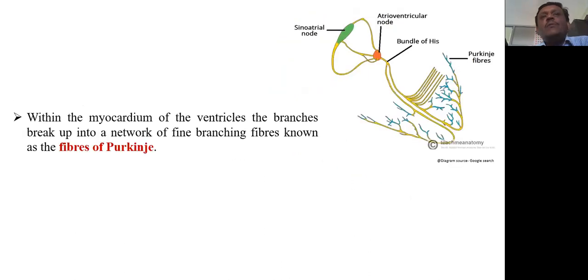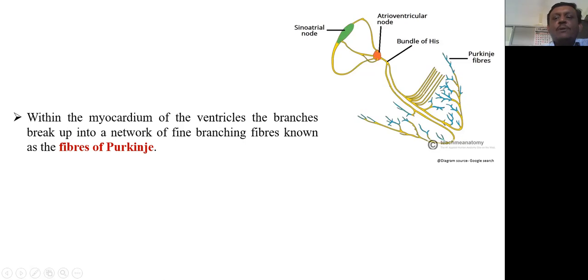Within the myocardium of the ventricle, that means within the wall of the ventricle, the branches break up into number of fine capillaries. You can see in the diagram, the blue color capillaries are shown, these fine branches. That means each bundle branch then divides into number of fine branches, or you can say network of fine branches, which is known as Purkinje fibers or fibers of Purkinje. Here they are shown in blue color in the diagram.